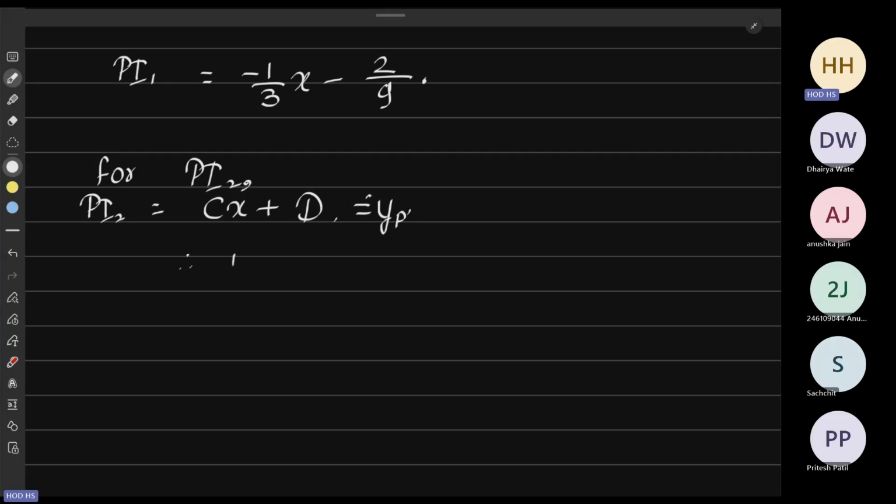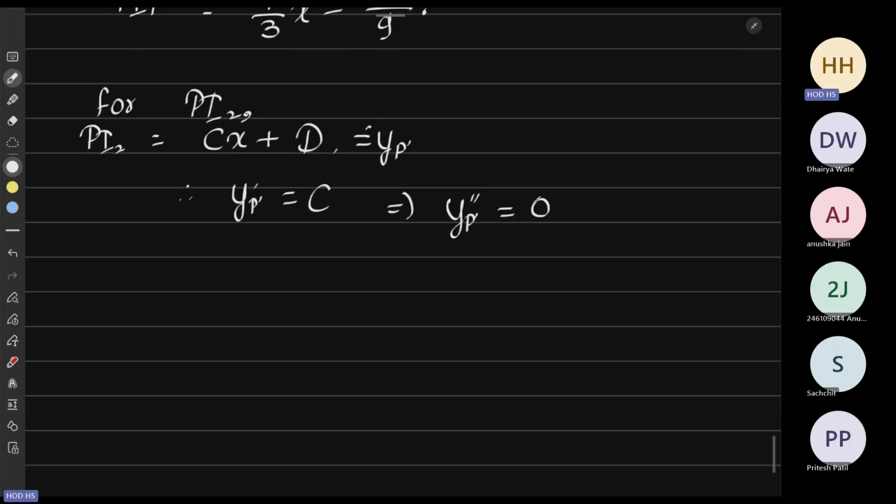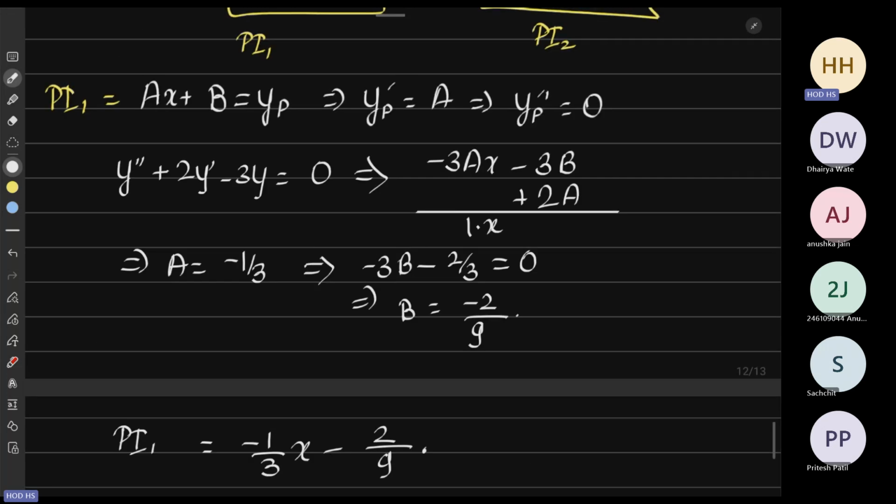So therefore, we have yp dash as c and yp double dash as 0. Again, substituting in the required equation.